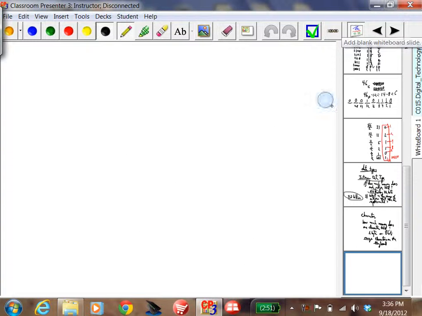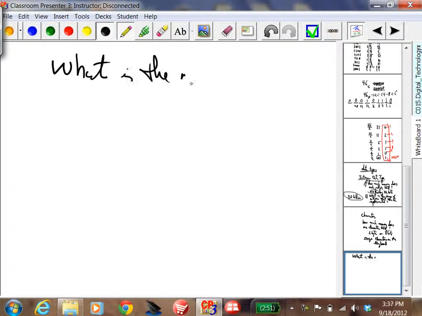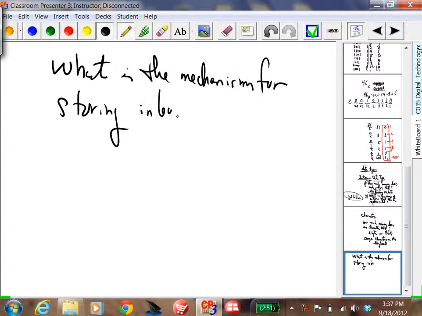I guess I want you to know what is the mechanism for storing integers? The answer is the binary number system.